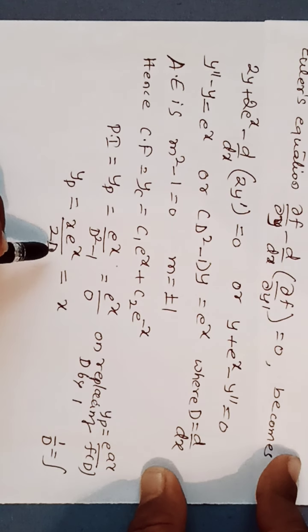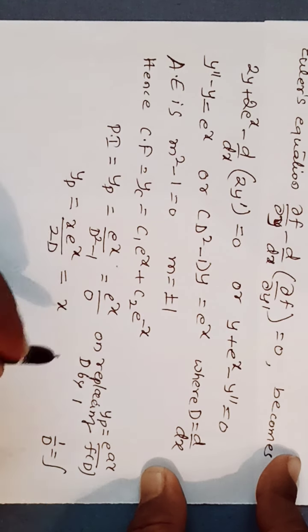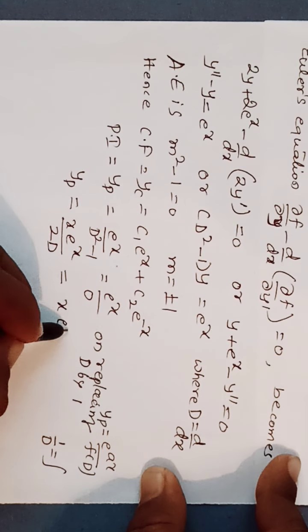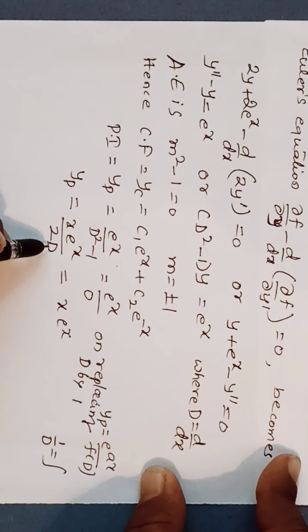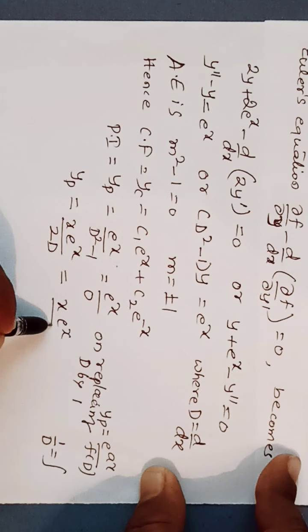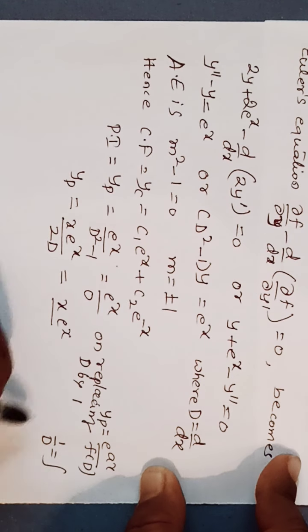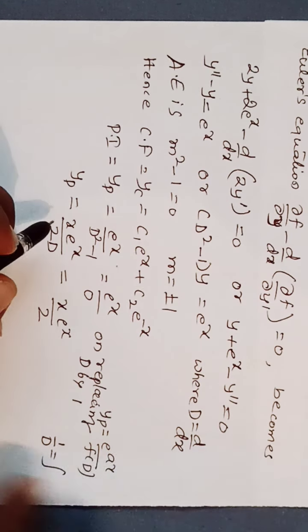So 1 by d is there, so in place of e raised to x, integration of e raised to x is e raised to x, and 1 by d means integration we have taken, and this 2.